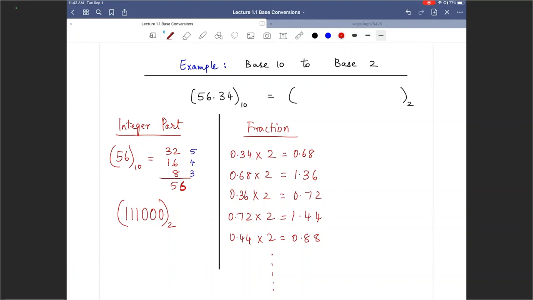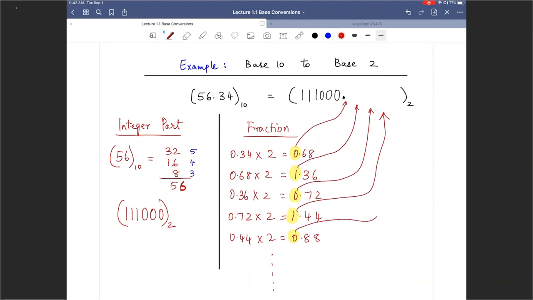So what is the answer here? The integer part was easy. 1, 1, 1, 0, 0, 0. After that, you had a binary point. And after that, you had 0, 1, 0, 1, 0, and so on. So 0 went here, 1 goes here, 0 goes here, 1 goes here, and then 0 goes here.